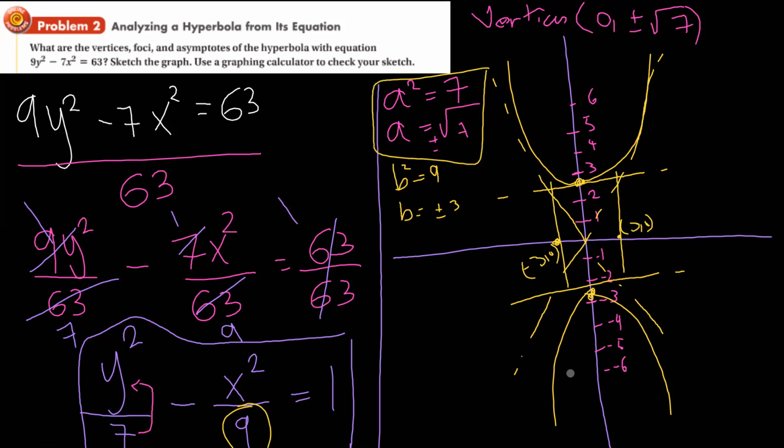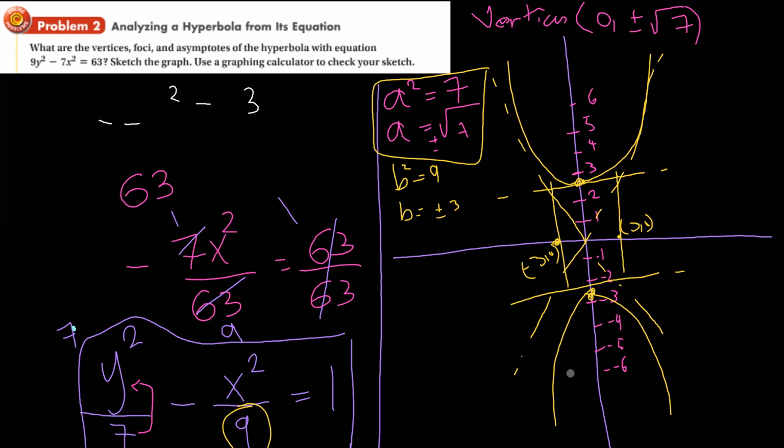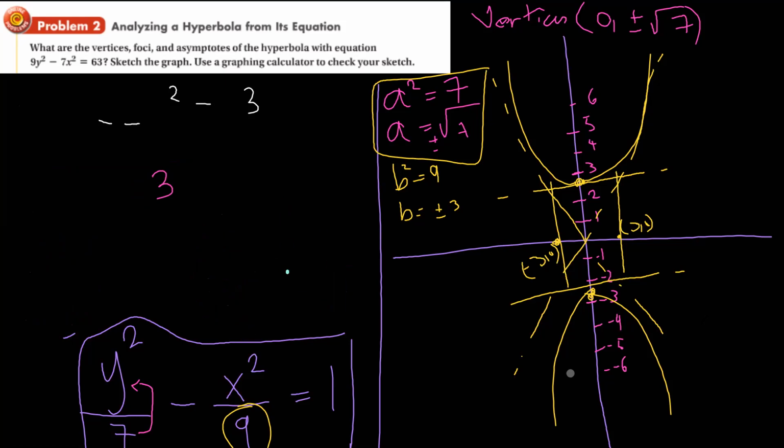How can I find the foci if we now have A and B? It is very easy. I have the equation that says C squared is equal to A squared plus B squared.